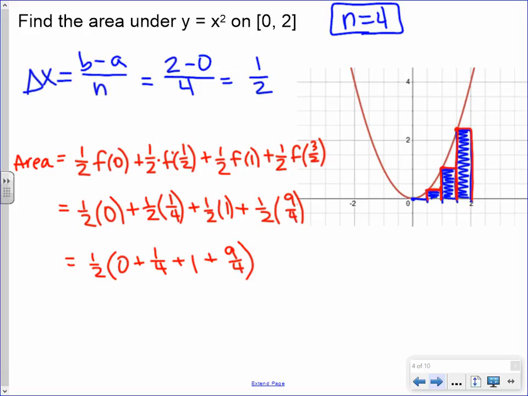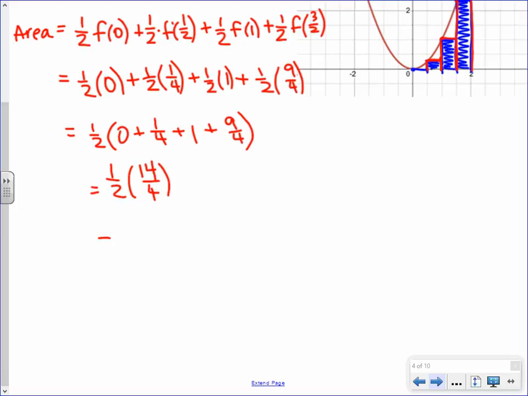And this is going to be the same every time. It's 9/4 plus 1/4, 10/4 plus 1. Okay, so we have 1/2 times 14/4, which gives us 7/4. Our area approximately is 7/4.